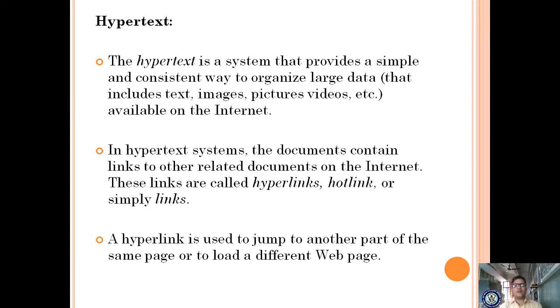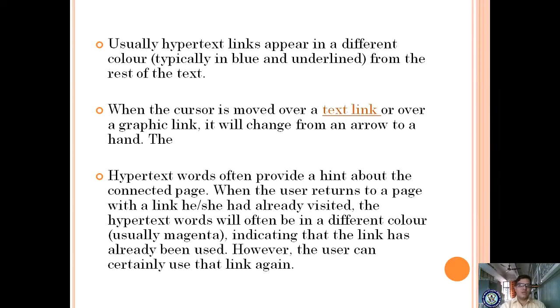Whatever link appears on your internet is treated as a hyperlink, hotlink, or simply a link. A hyperlink is used to jump to another part of the same page or to load a different web page. By using this hyperlink, you can jump to another part of the same page or load a different web page. Okay, so that is hypertext.